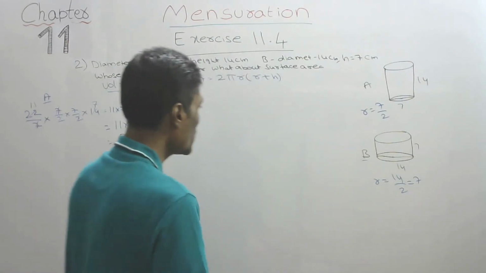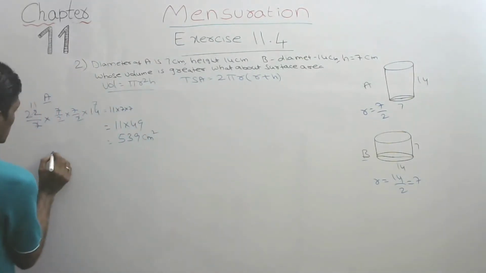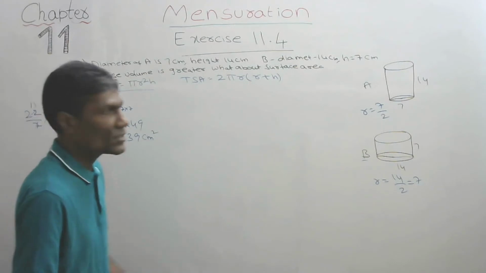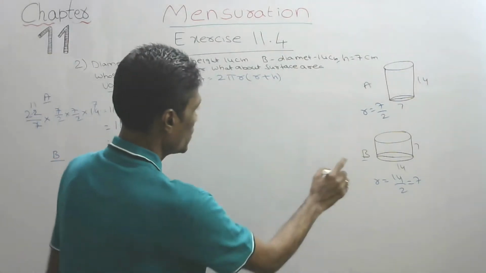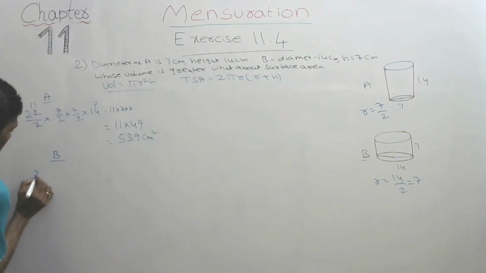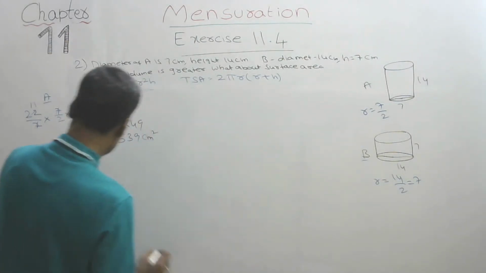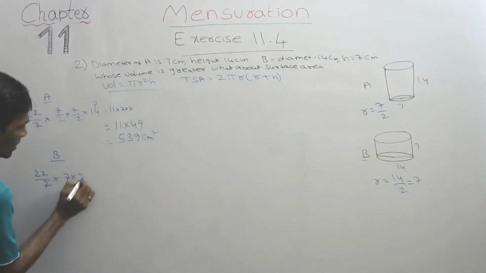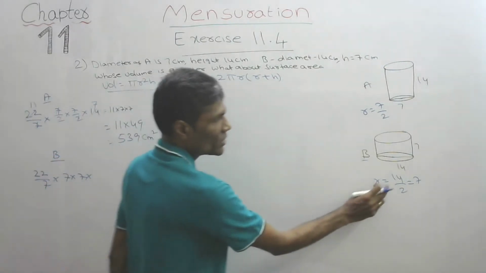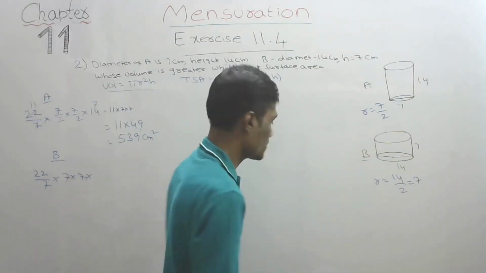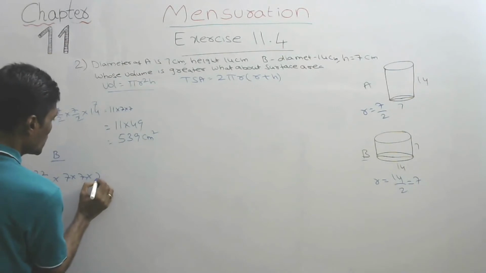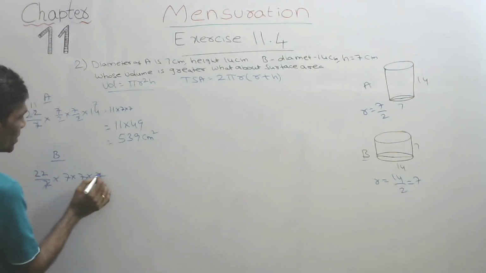Now let us do figure B. Same formula, pi r square h. So 22 by 7 into r squared, what is r? 7. 7 into 7, and what is h here? Here 7. 7 7 cancel.